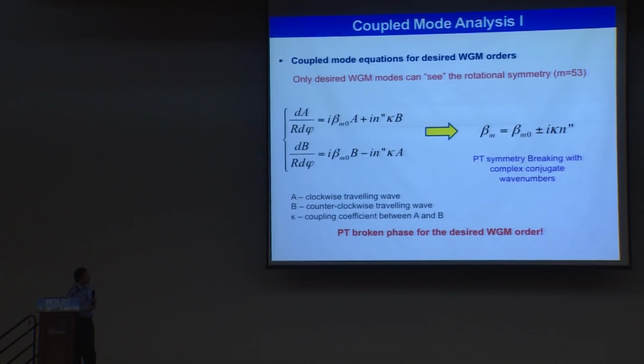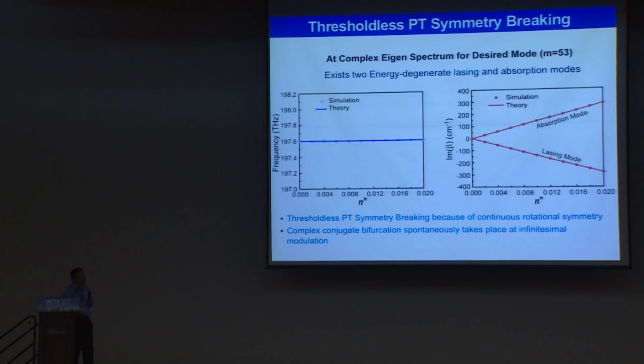And the two eigenmodes show PT-symmetry breaking with complex conjugated wave numbers here. More specifically, if we plot the frequency of the resonance versus the modulation of the imaginary part, you see the frequency doesn't change. That means the real part does not change with whatever you modulate in the imaginary part, which is good.